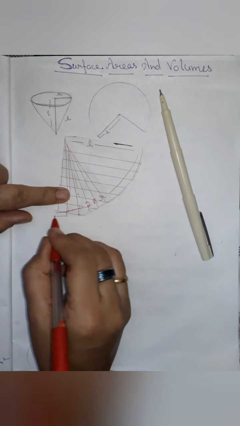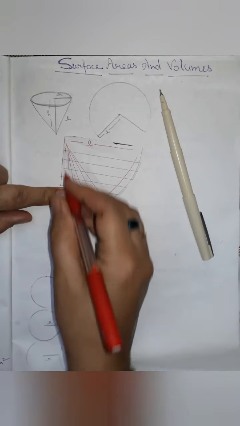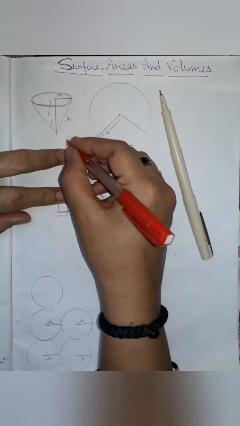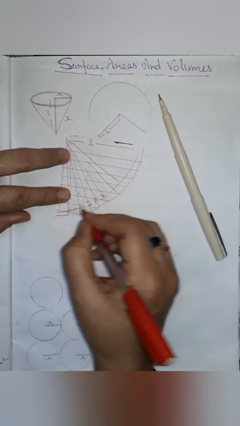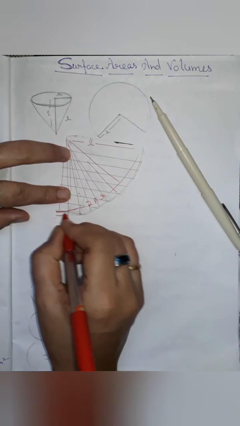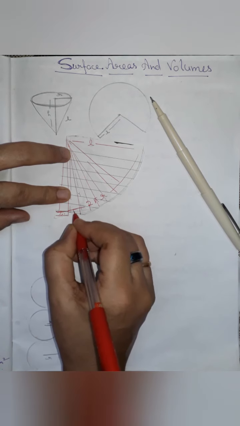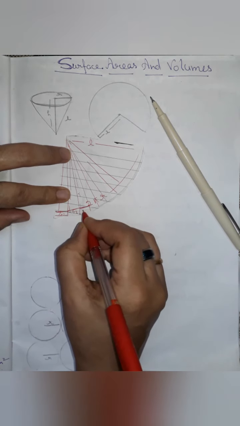If we divide this into parts, we can draw very small triangles which are very near to each other. Now this total is 2 pi r. Suppose this base is B1, this base is B2, this base is B3.